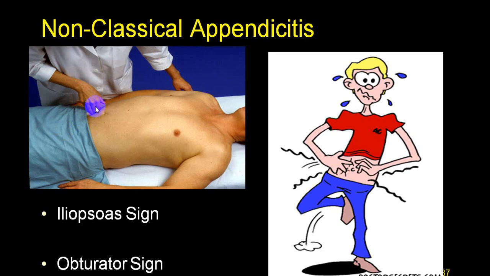This is another method. Now there are two other methods. Rovsing's sign is an indirect method of eliciting a sign. For non-classical appendicitis, you will elicit the iliopsoas sign and obturator sign. Now what are these signs?